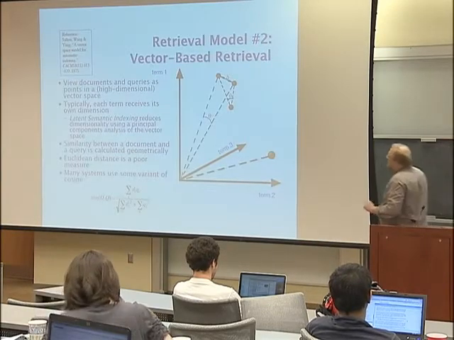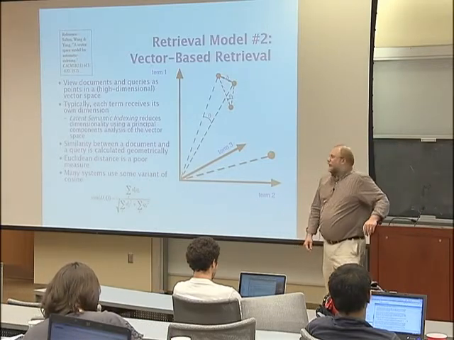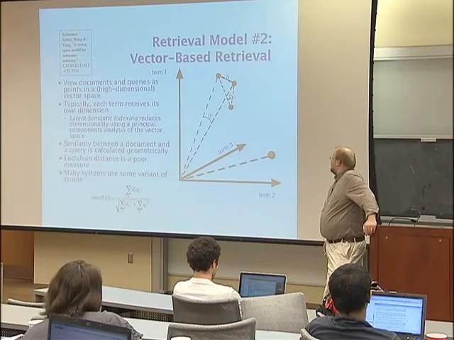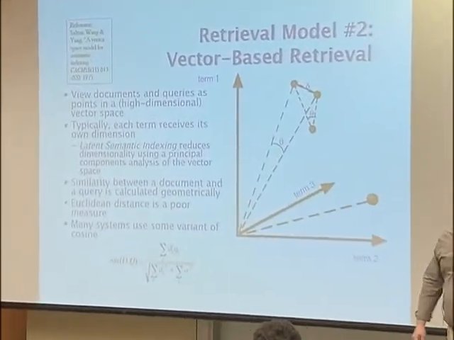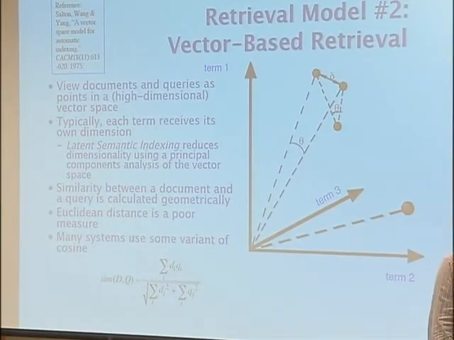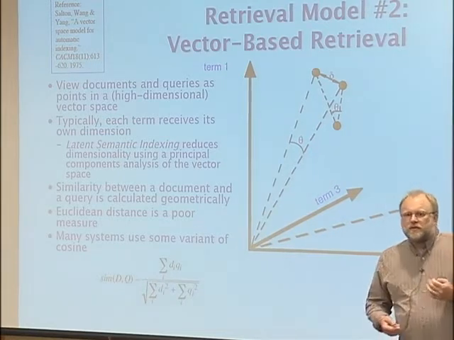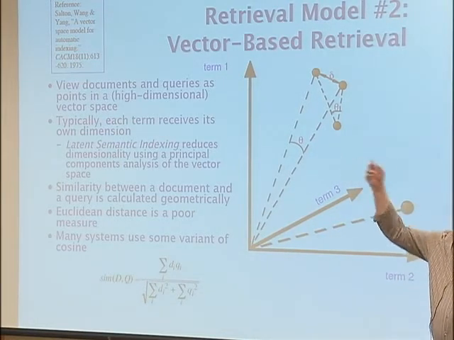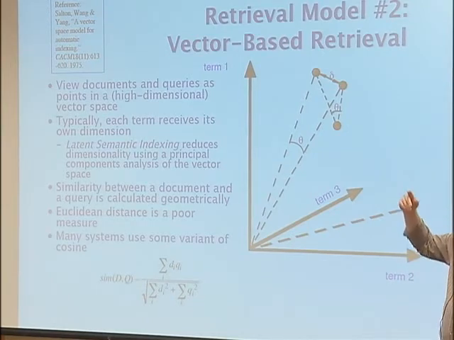The second model that's used was the first one to really give ranked scores out of a comparison. And it's called the vector-based retrieval, or the vector model. In this model, you imagine that each of your indexing terms is a dimension in a high-dimensional vector space. And if that's the case, then a given document or a given query is a point in this vector space, right?